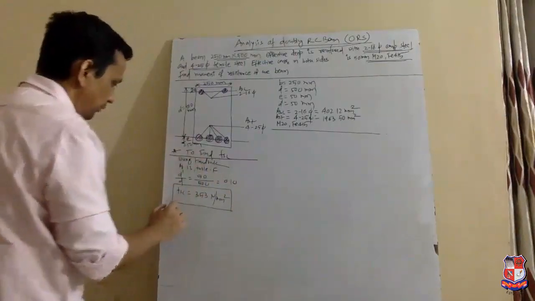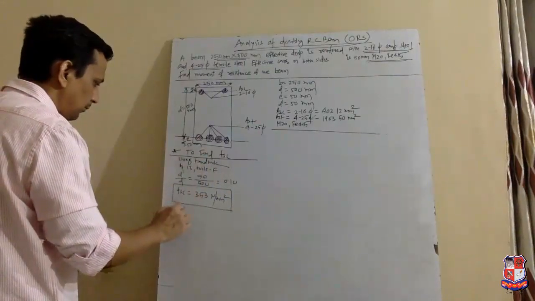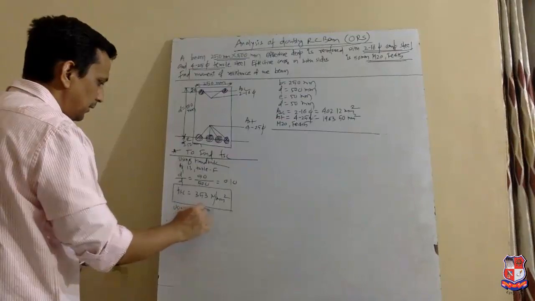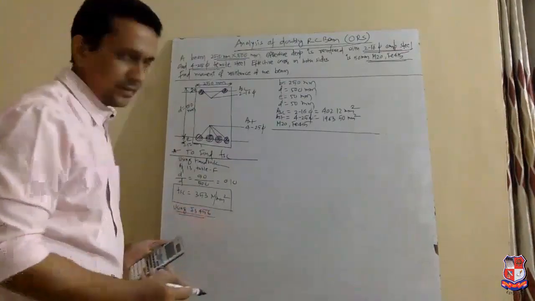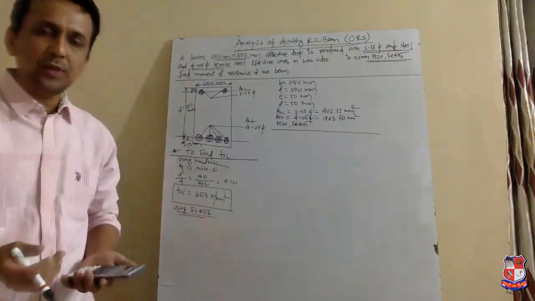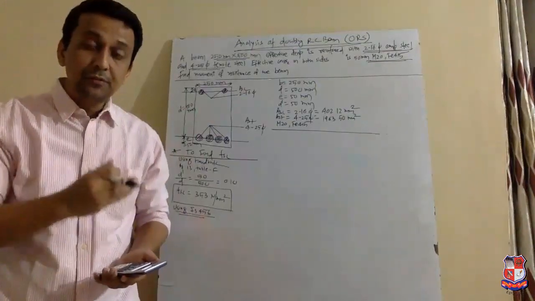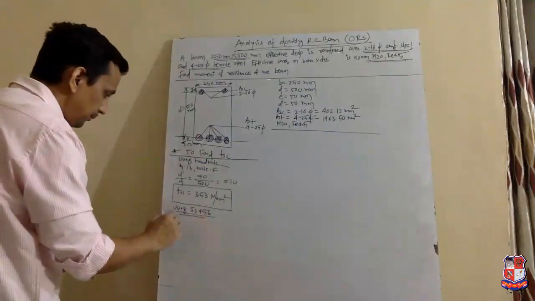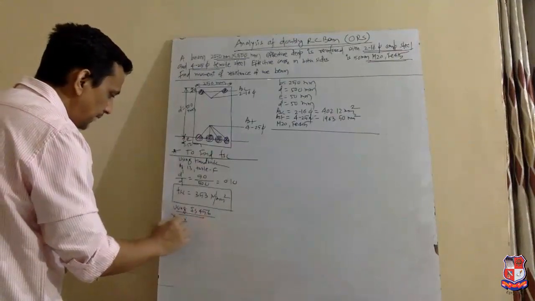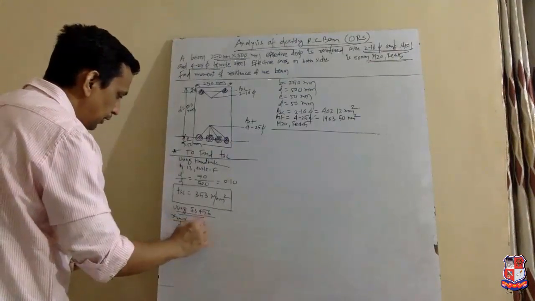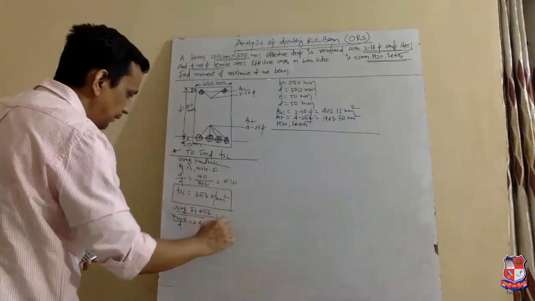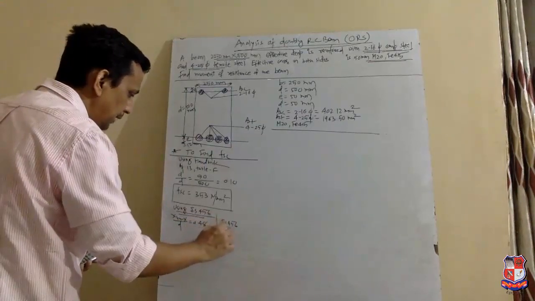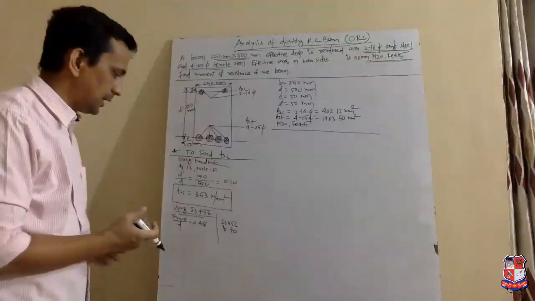Now, using IS 456, first we need to find the xu max value. So xu max by d equal to 0.48, as written in IS 456 page number 70.